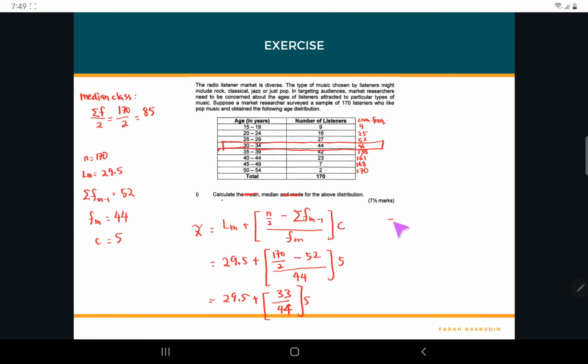Okay, and then 33 divide by 44, and then times 5. So we got 29.5 plus 3.75. So the answer will be 33.25. Okay, our median is 33.25. So 33.25 is the middle data.